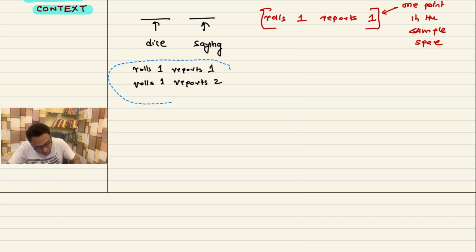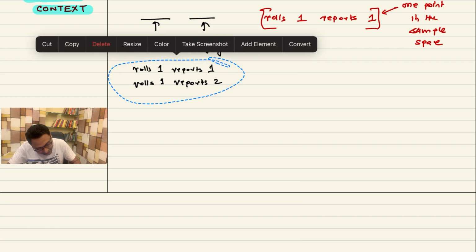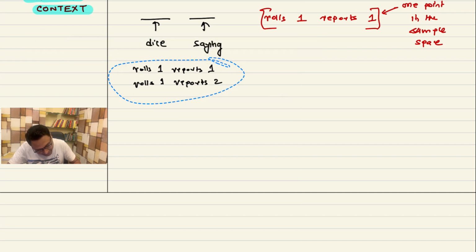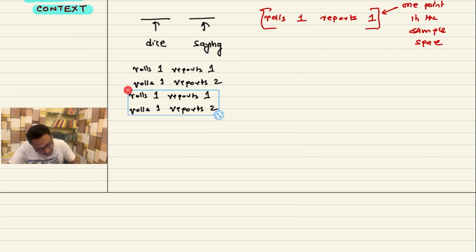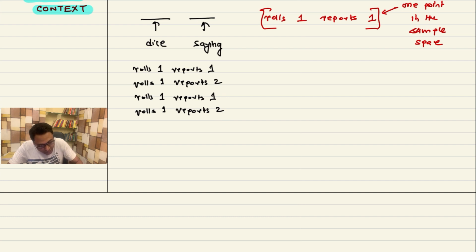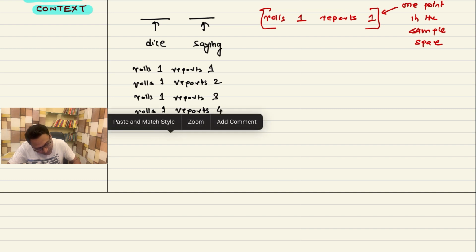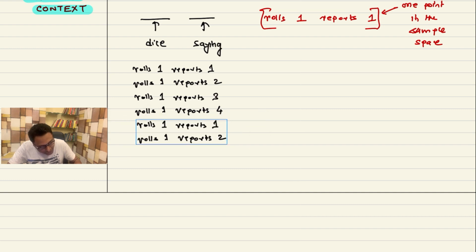And then I can just copy this and paste it here. So we have rolls 1, reports 3. Rolls 1, reports 4. Rolls 1, reports 5. And rolls 1, reports 6. That's the first set. It's like one part of it. What else can happen?